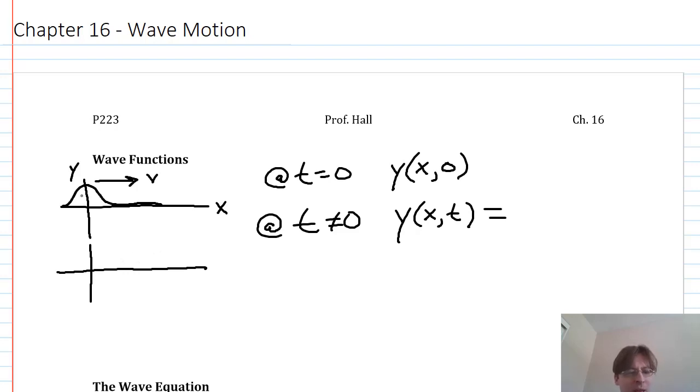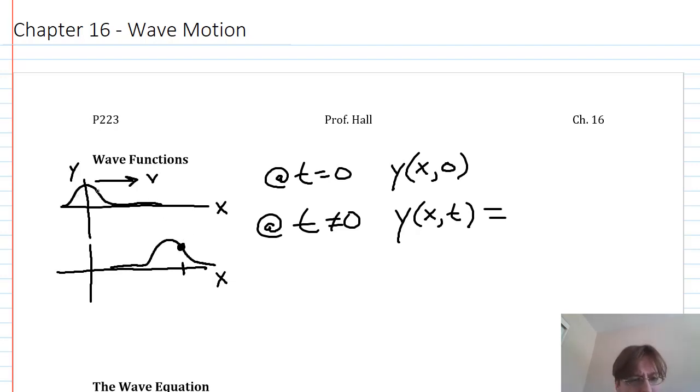All that happens is now the center of the wave advances. And so the pulse is now further down the x-axis, like over here. Precisely the same shape, it just moved ahead. So for example, suppose I want to know at some position x on the x-axis what the y value is of that point, given that I know what it was at t equals 0.